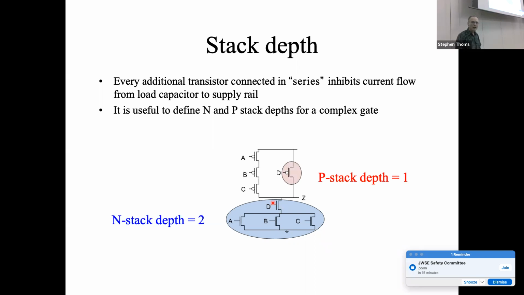Whereas that has a P stack depth of 1 there, whereas on the other side, the stack depth is 3. Okay, so we're just counting transistors. How many transistors would a path go through to get from the power rail to the output?